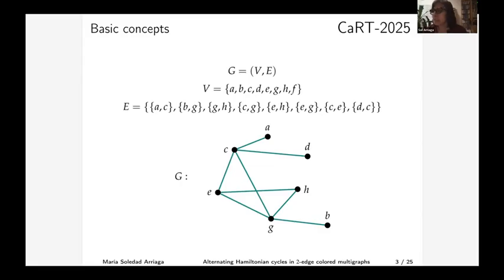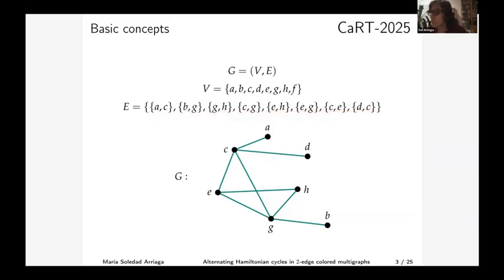Okay, the basics. As we know, a graph G is a pair of sets V and E, where V is a non-empty finite set with elements called vertices, and E is a finite set with elements called edges that are pairs of these vertices.